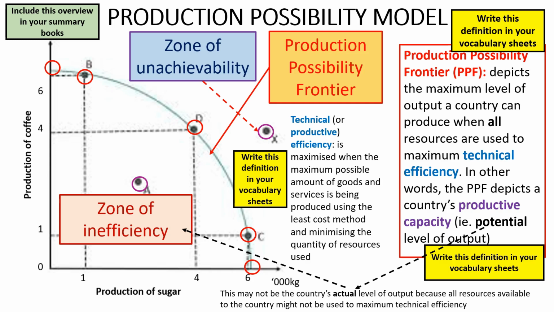Our focus is on how the production possibility model can be used to illustrate technical or productive efficiency in the use of resources, a country's productive capacity, the basic economic problem of relative scarcity, choice in production, opportunity costs, allocative efficiency, the underutilization of resources, including unemployment, which is the underutilization of labor, inflation, and living standards. So these are the factors that you need to focus on when making the notes for your summary books.